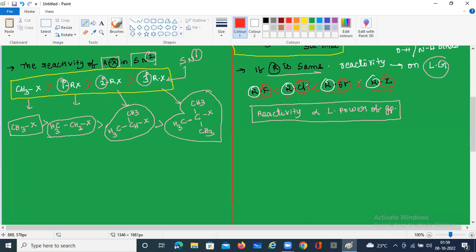That is common, so iodine has more leaving power, therefore its reactivity is also more. That's it, remember it like that. So in SN2, beta, when the alkyl group is the same in the alkyl halide, the reactivity depends upon the leaving power of the group. The leaving power of the group is directly proportional to what? The reactivity. Clear? That's it.